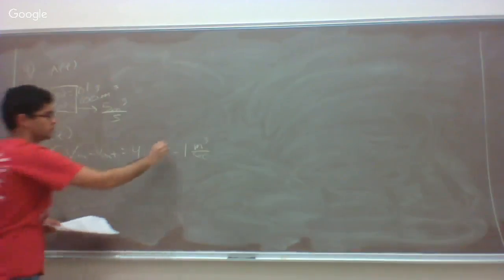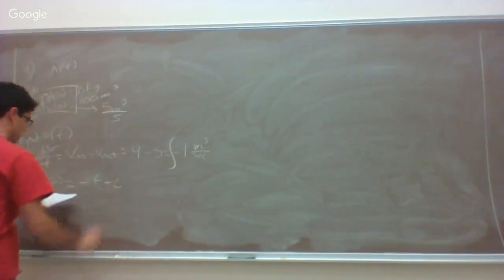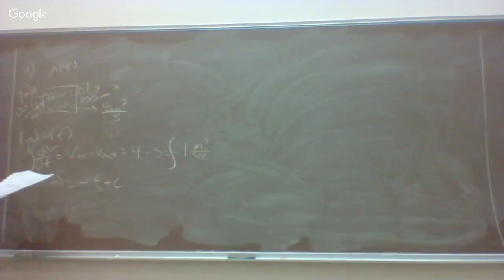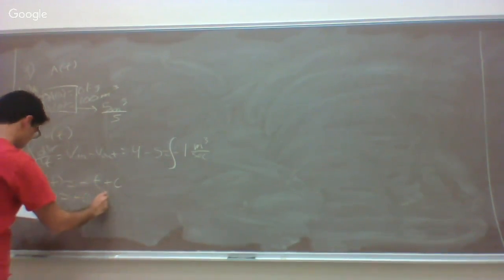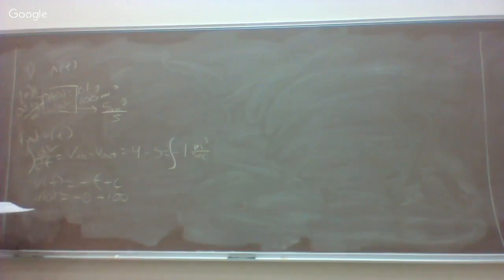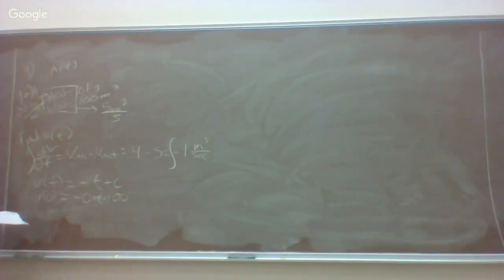I take the integral of both sides to find V, so that V of t is equal to negative t plus c. And they tell us to find the time that the tank is empty. So then I have my initial condition, V of 0 is equal to 100, so that V of 0 is equal to negative 0 plus c, equal to 100, so that my c value is equal to 100.